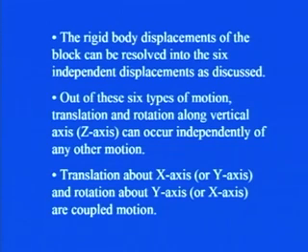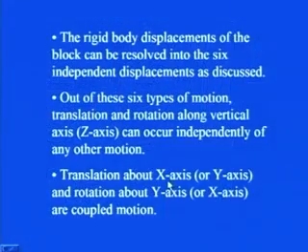Now, out of these 6 types of motion, translation and rotation along the vertical axis, which is the z axis, can occur independently of any other motion, that is either the translation in x and y direction or the rotation about x and y axes. Then translation along the x axis and rotation about the y axis, and another combination, translation along the y axis and rotation about the x axis, are coupled motions.